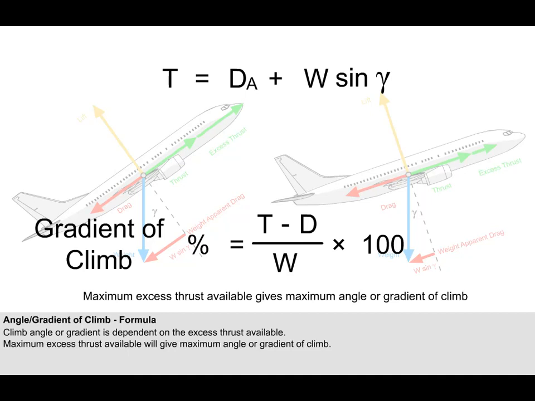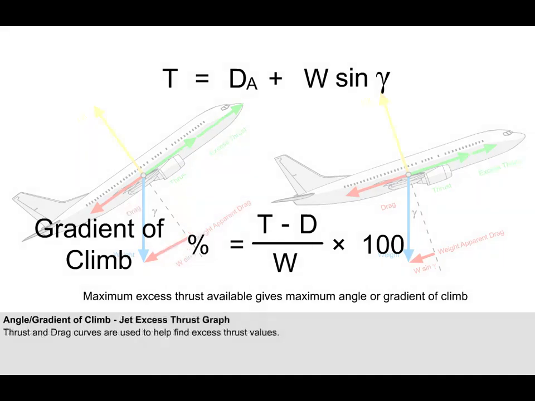The smaller the excess thrust available, the more shallow the climb angle. In order to maximize the aeroplane's climb angle, then, we need to maximize the excess thrust available. In order to discover how the aeroplane concerned can maximize its excess thrust, and therefore maximize its climb angle, it will be necessary to see the thrust and drag data.